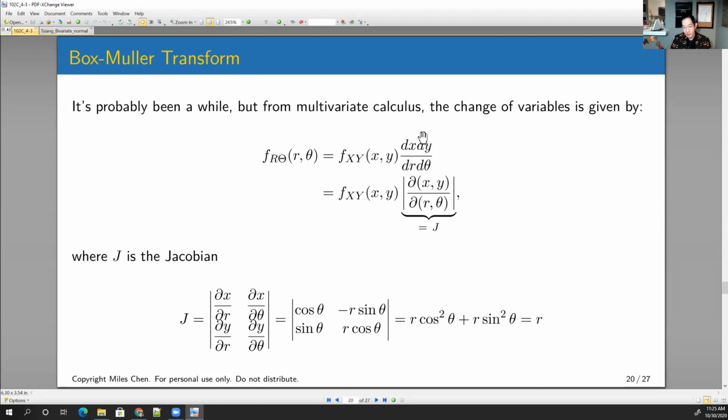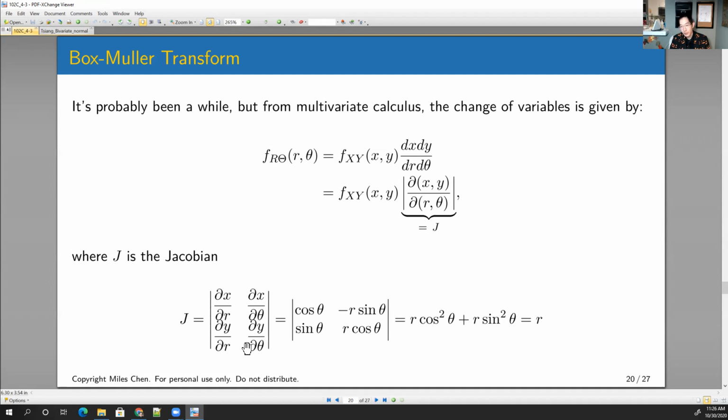What's dx dy over dr d theta? That becomes the Jacobian. If you forgot all of this, don't worry. Here it is: you have the determinant of dx dr, dx d theta, dy dr, and dy d theta.